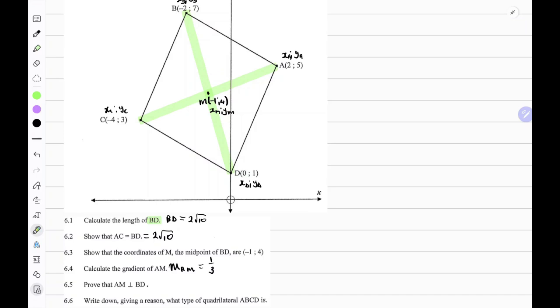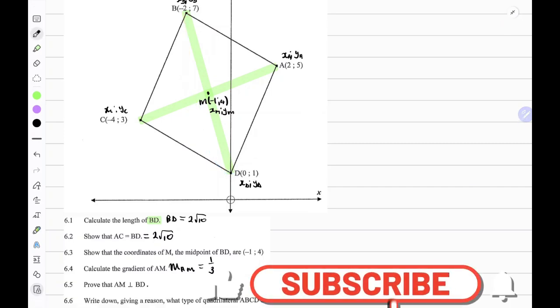In order for us to prove that those two line segments are perpendicular, we need to show that the product of their gradients is equals to -1. So we've already found the gradient of AM to be 1/3. So we need to find the gradient of BD. So once again, we can apply the gradient formula.